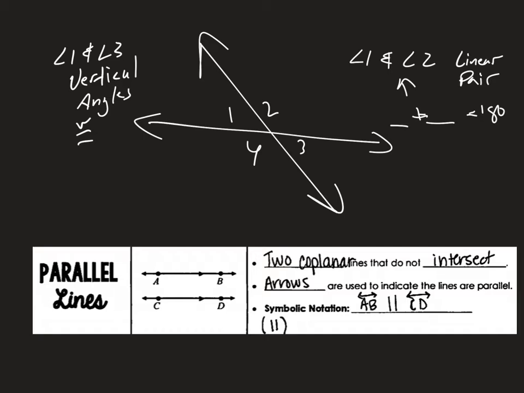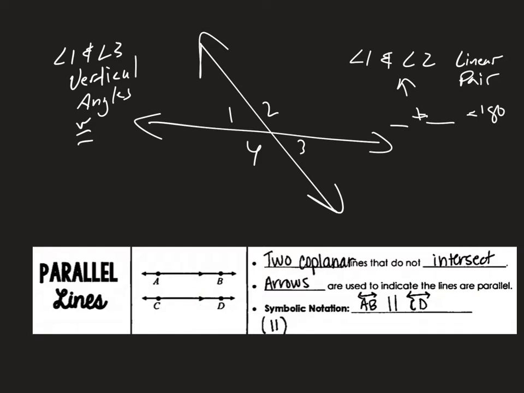Now we're going to take that and put some more firewood on the fire. So we take a look at parallel lines. What are parallel lines? Go ahead, press pause, get into your notes. They are two coplanar lines that do not intersect. Arrows are used to indicate that lines are parallel.